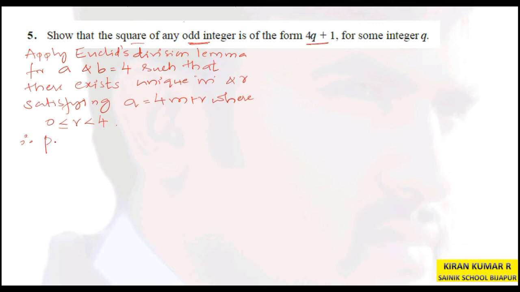So the possible values of r are 0, 1, 2 and 3.